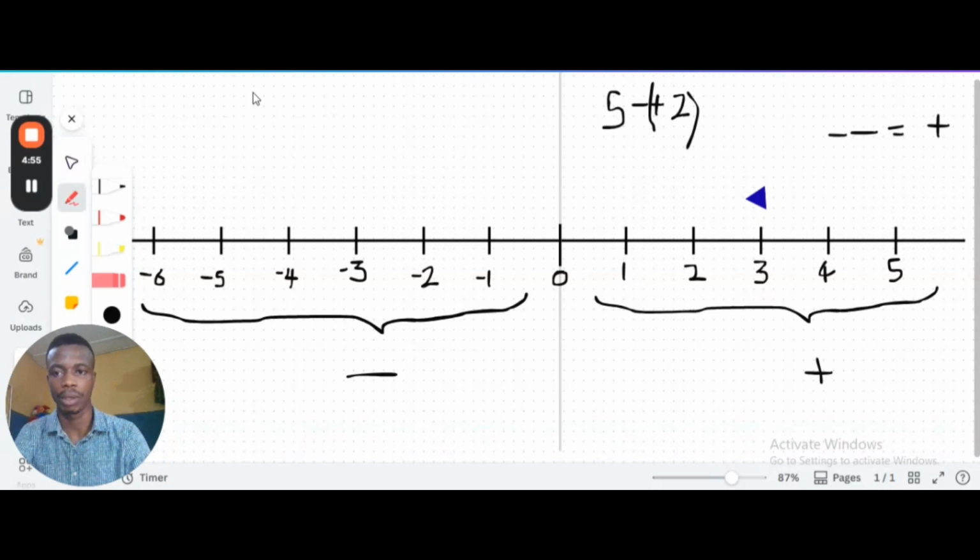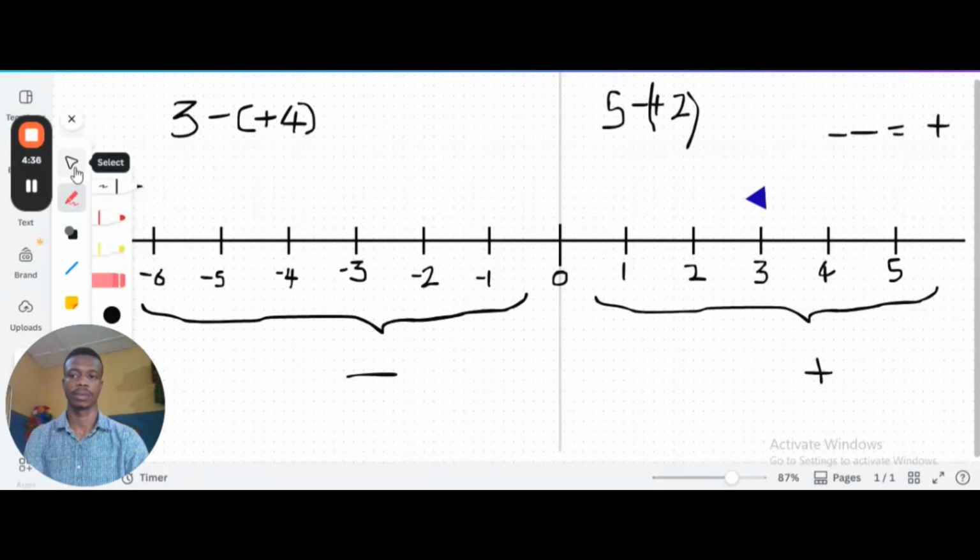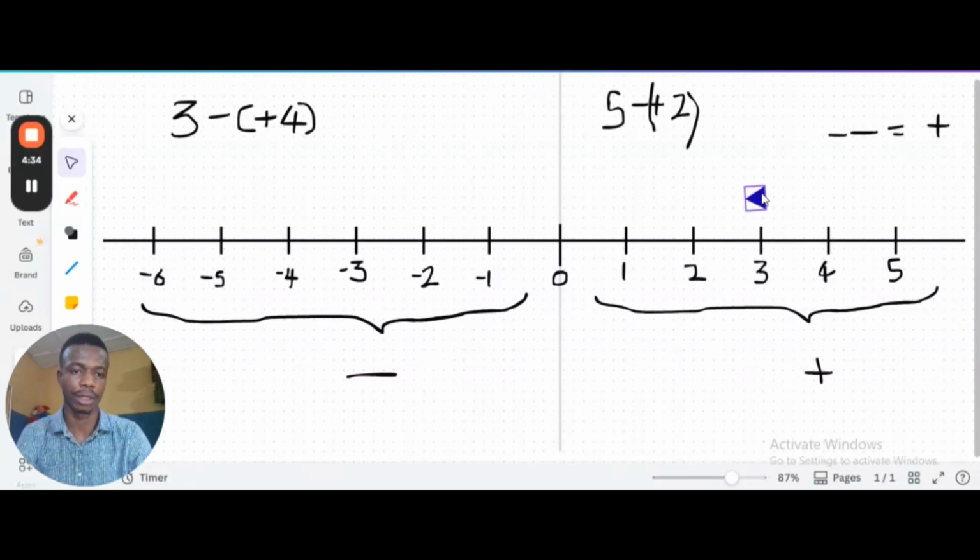For example, we can use this 3 minus plus 4. Okay, let's find out what 3 minus plus 4 would give us. So let's go. We're going to start out with 3, right? 3.